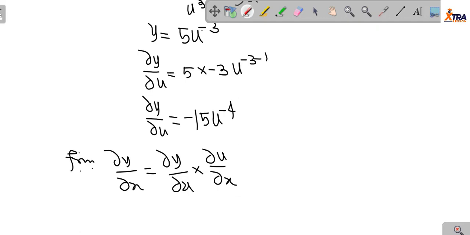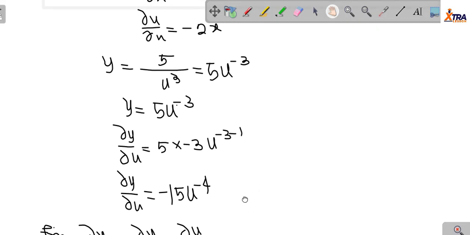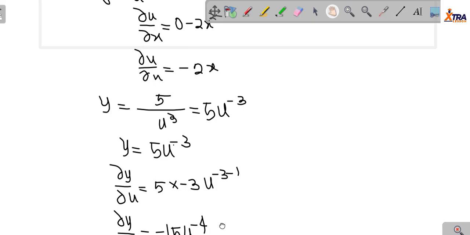What's our dy over du? It's minus 15 u raised to power minus 4, times du over dx, which is minus 2x.